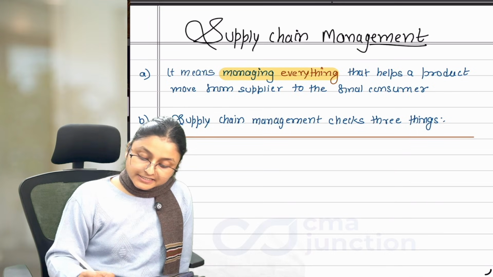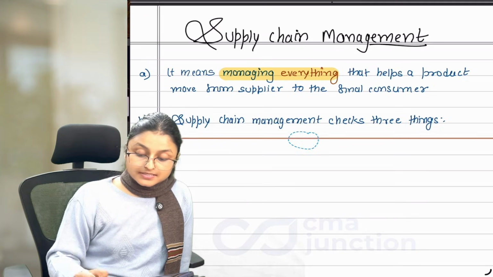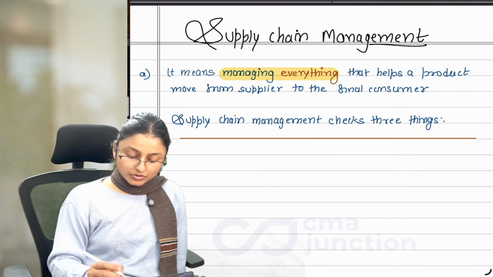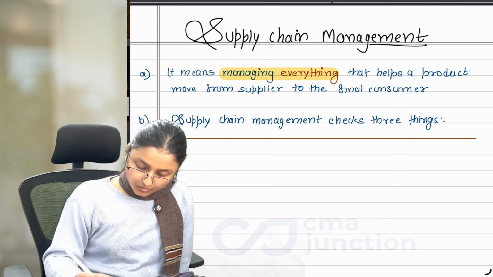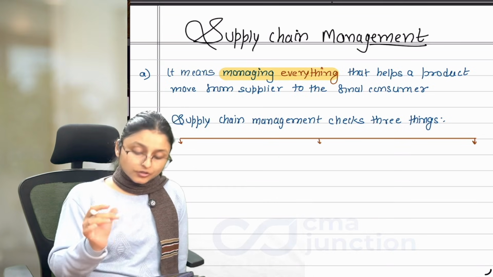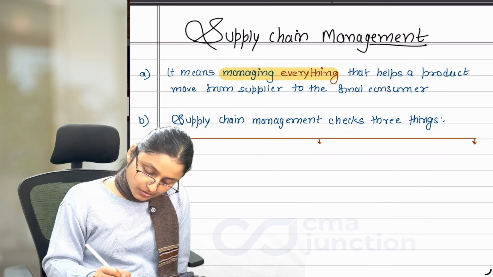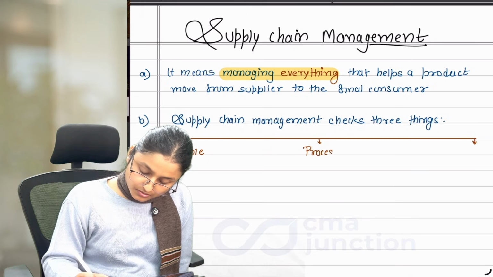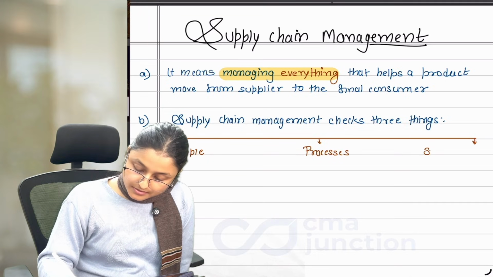Now, I explained you what does people, process and system means with the help of example. But in exam, there is no need of those examples. Okay, so we'll not write all the examples, just for understanding we'll write one or two. People, processes and systems.